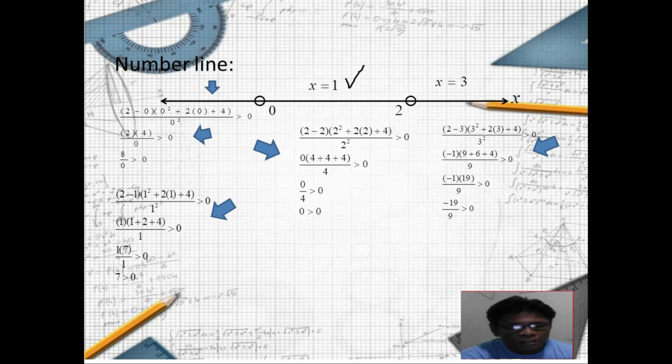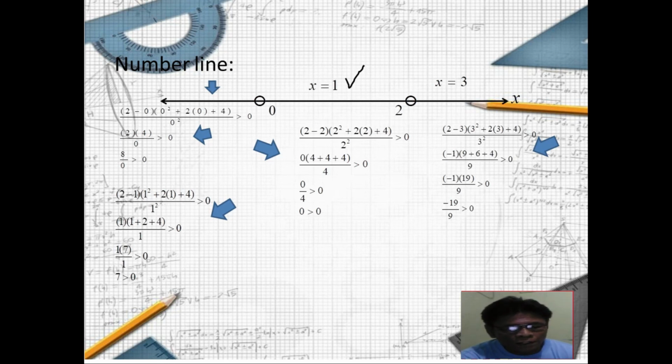Let us try the other part, 2 to positive infinity. For me I will try 3, or you can try 4 or 5. I substitute into the expression: 2 minus 3 times 3 squared plus 2 times 3 plus 4 over 3 squared greater than 0, and that is negative 1 times 9 plus 6 plus 4 over 9, that is negative 1 times 19 over 9, and negative 19 over 9 greater than 0 is not true.